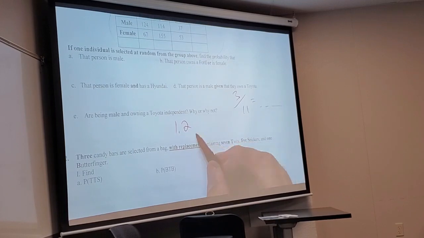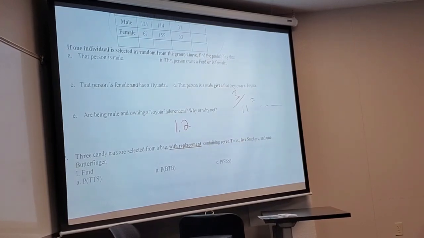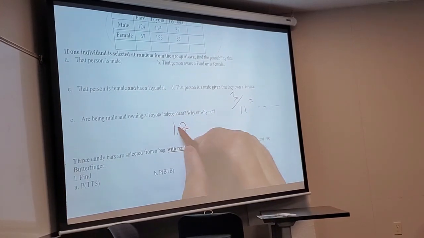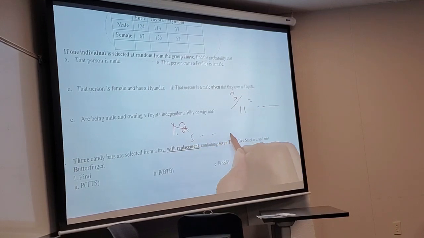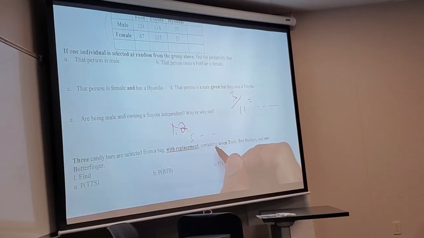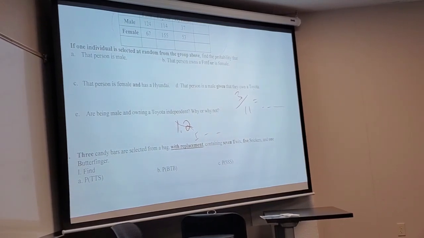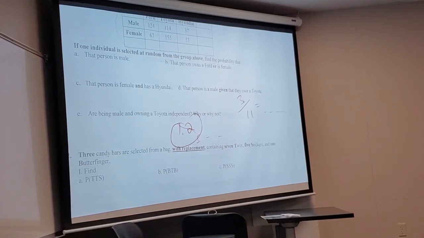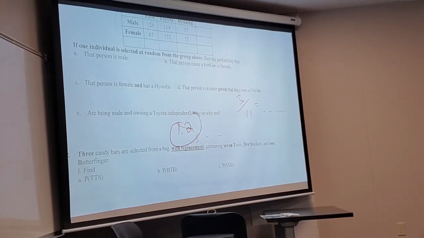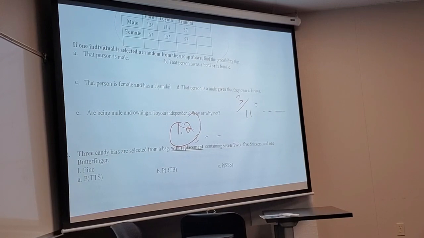So if you do all this work and you get 1.2 and you don't know why you're getting it, do this: write, I know it shouldn't be 1.2, but I can't see why. I will take fewer points off if you at least show me that you know it shouldn't be that. If you put 1.2 and just circle it, like, yeah, 120% chance, I'm like, oh, that's a problem. Does that make sense?